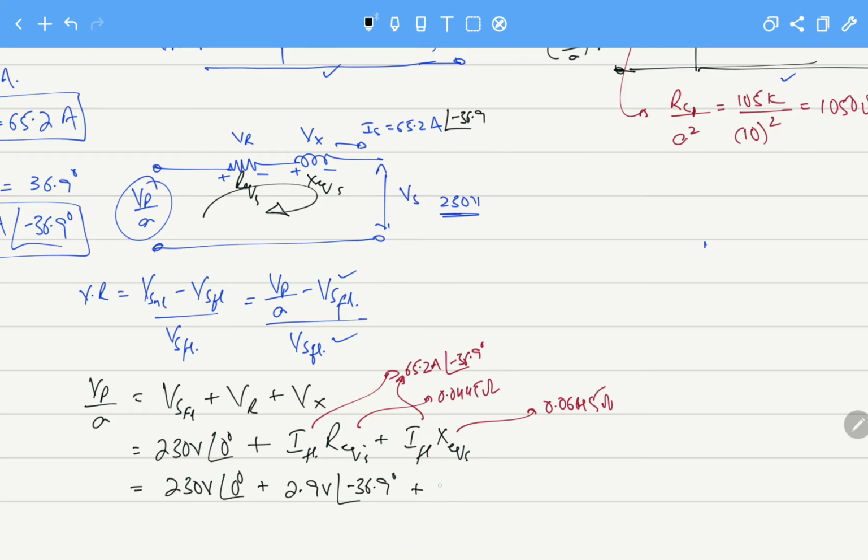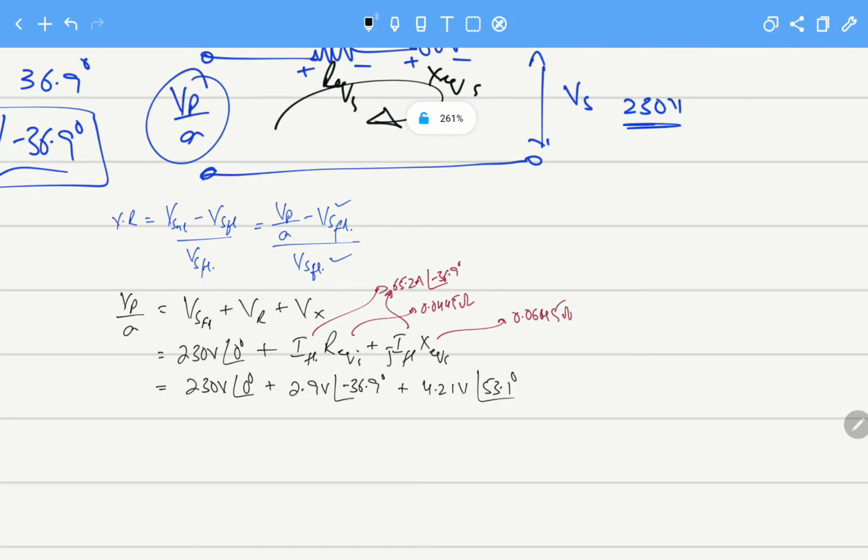And here there will be a 90-degree phase shift for the inductor, and that will be 53.1 degrees. And we can also calculate the value of Vp over A, which we can write as 234.85 angle 0.4.